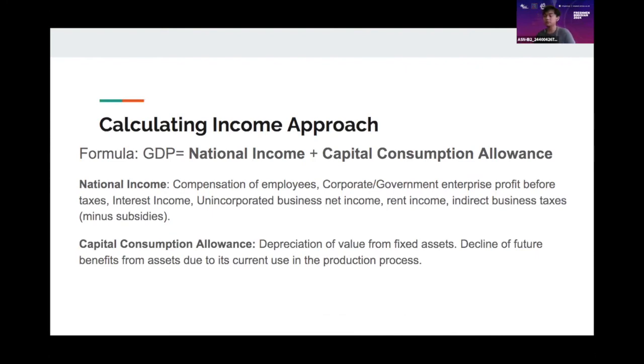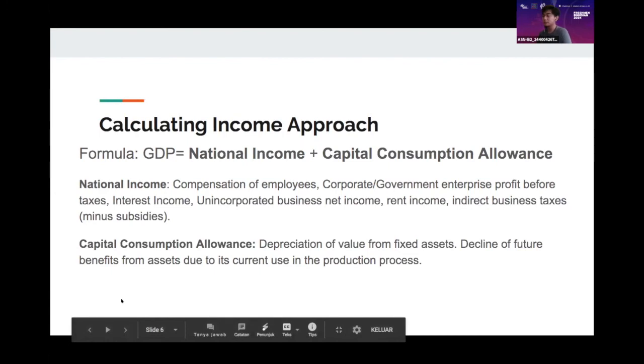But then you also have to include indirect business taxes, and you also have to decrease by subsidies. For the final one, you have to add the depreciation value of fixed assets, meaning when assets are used in the production process, their value decreases over time, and for them to be sold in the future, their value will always be reduced.